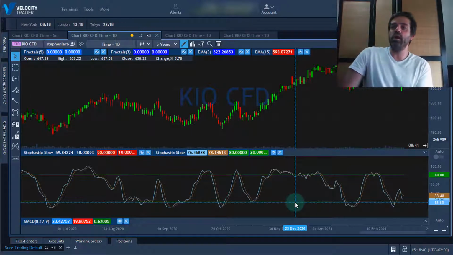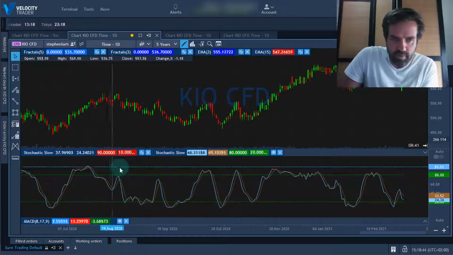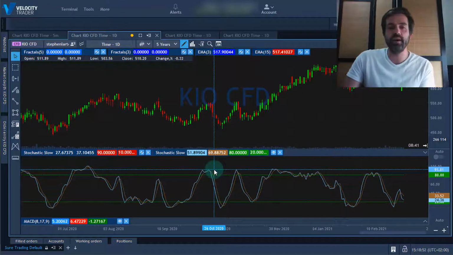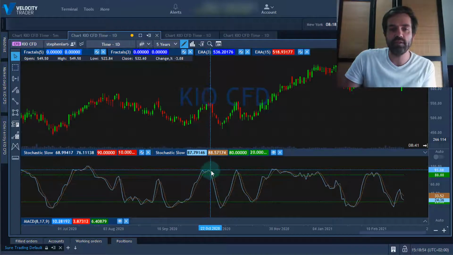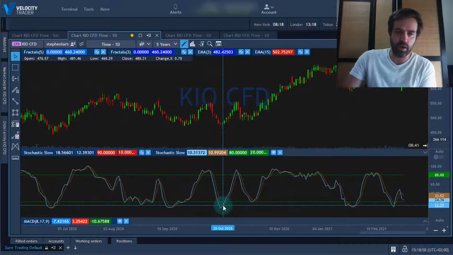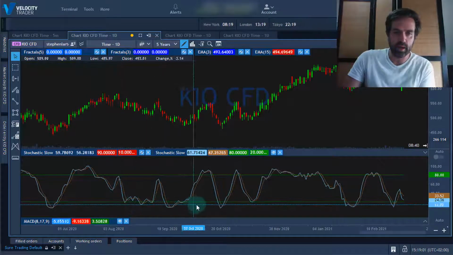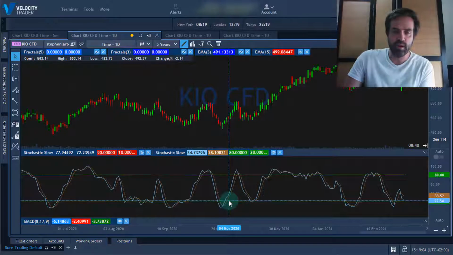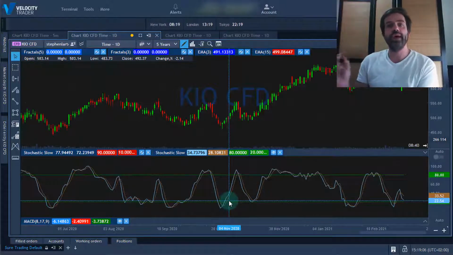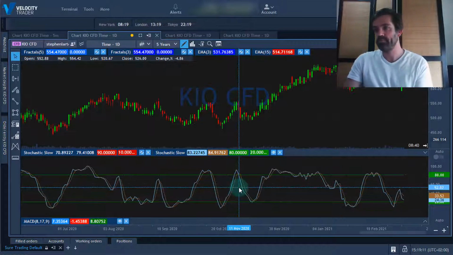So for this reason, overbought stochastic readings, which are the ones at the top above this 80 line, are generally signs that if it starts going downwards, the price will reverse. And similarly, if you get oversold indicators at the bottom, so these ones below the 20 line, and then it starts to move upwards, that's generally an indication that the price will start moving upwards.